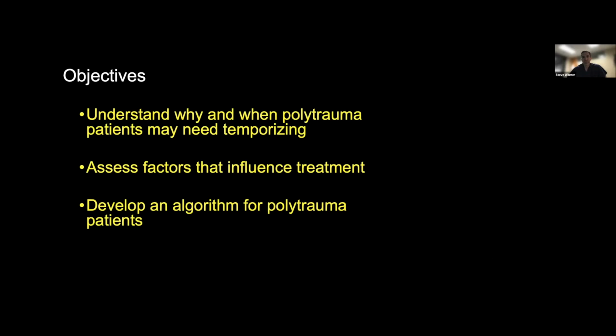As we go through this, we hope to address some of these objectives and understand why and when polytrauma patients may need temporizing. We're going to assess some factors that may influence their treatment, and our goal is to develop an algorithm for managing these polytrauma patients.